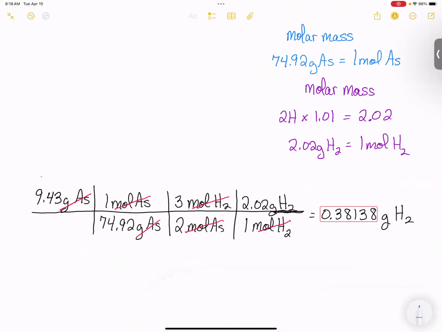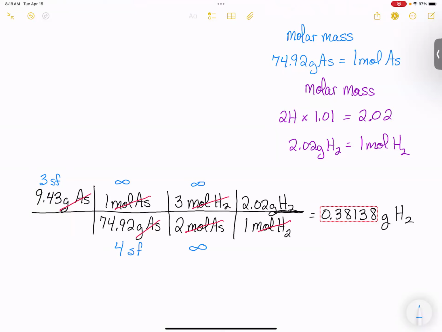In our first value, there are 3 significant digits. In the molar mass, the mole portion is an exact quantity, so it has an unlimited number of significant digits, while the mass portion has 4 significant digits. The mole to mole ratio, that is an exact quantity, so the numerator and the denominator have an unlimited number of significant digits.